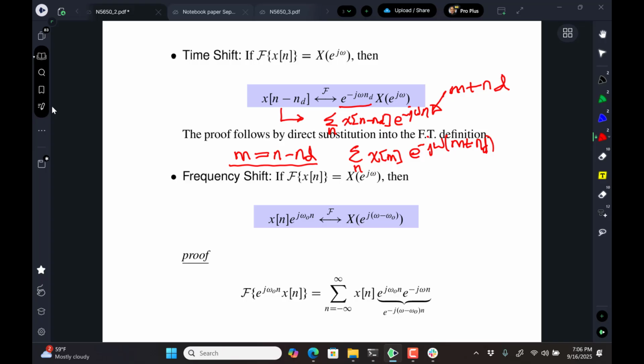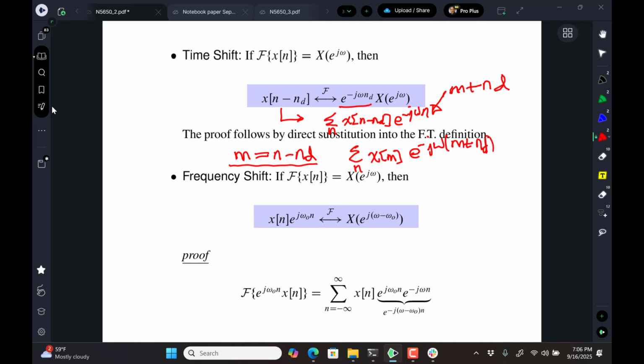Frequency shift is really good too, because we're working with modulating a waveform. We're getting into a communications theory idea about a waveform. It just says we can take a signal x of n and multiply it by e to the j omega naught, and we'll be shifting its spectrum up to a new frequency location.